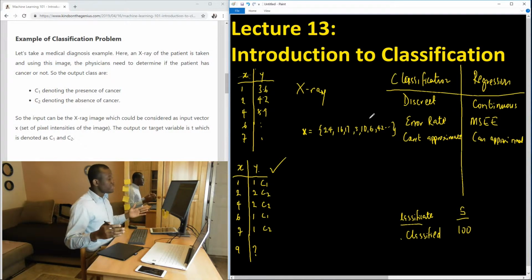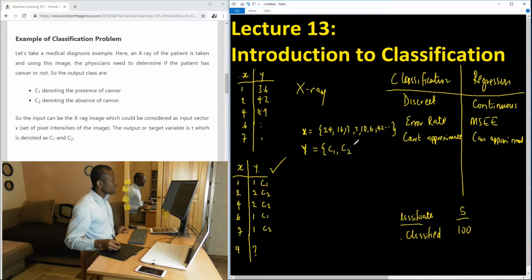So several pixels make up the image, and the output class Y will be C1 or C2.